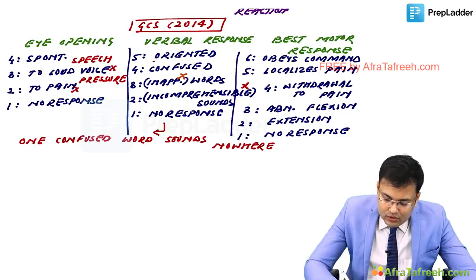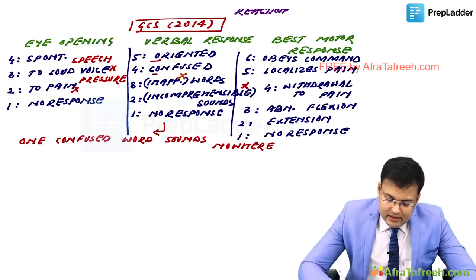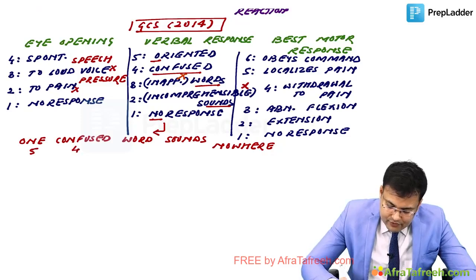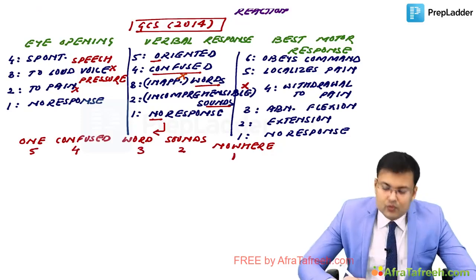So oriented, confused, words, sounds, nowhere meaning no response. So here it's 5, 4, 3, 2, 1.